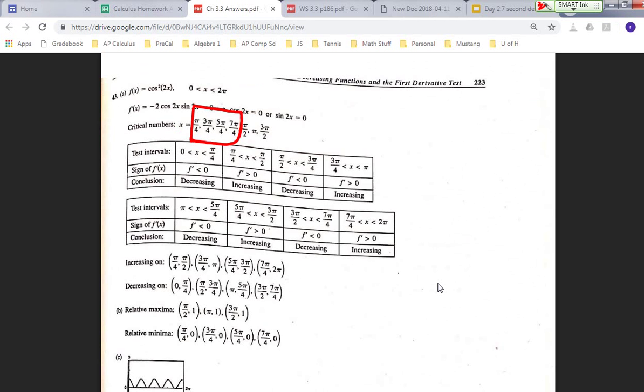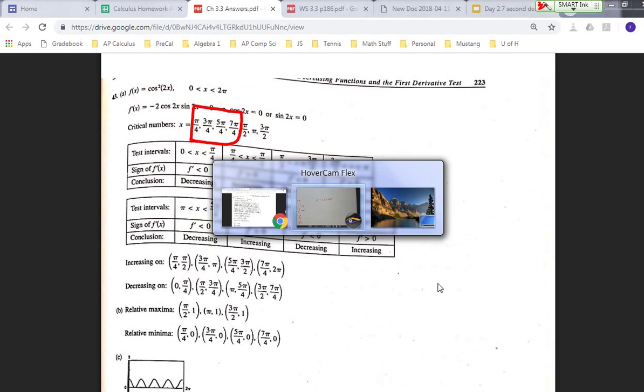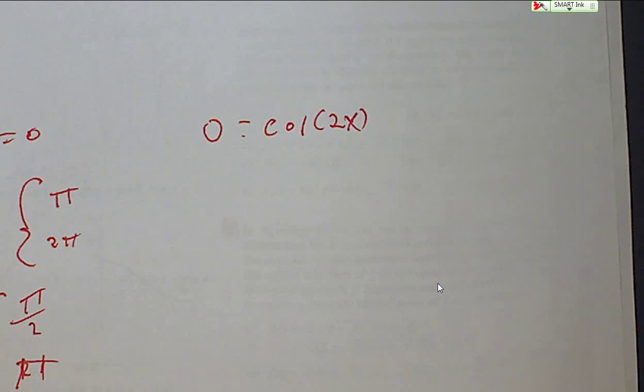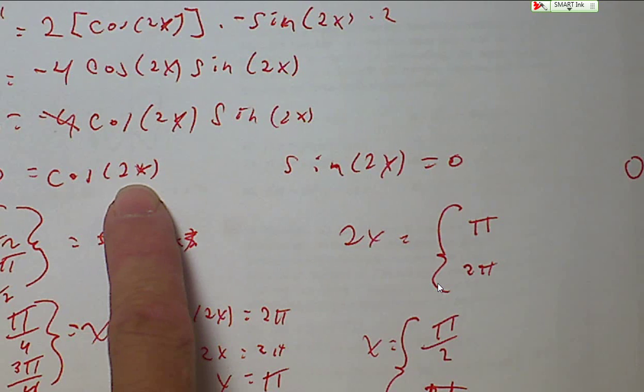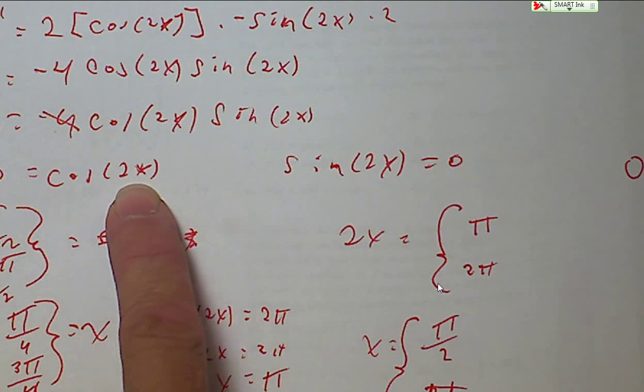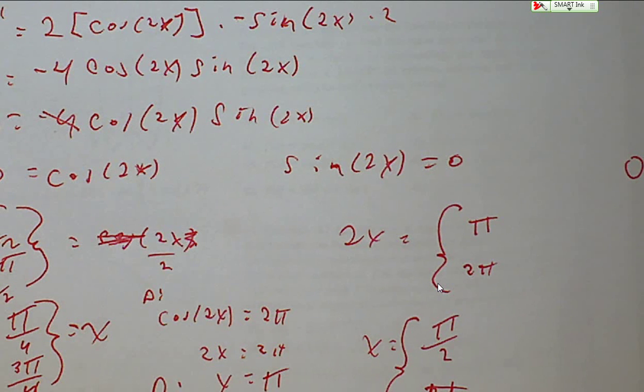Let's rewrite this out right here and see if it makes more sense to me. So 0 equals cosine of 2x. Because the domain has been compressed in this case, we need to include more than just these 2 points.